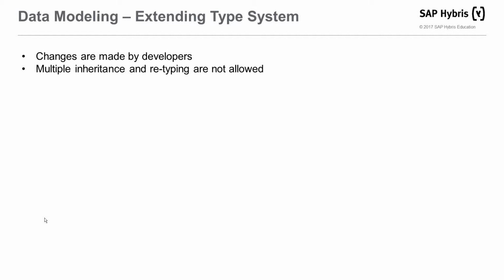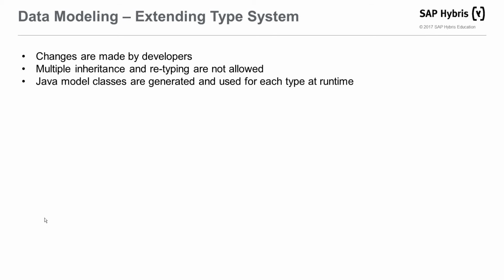Additionally, retyping is not allowed. Retyping in this case means reassigning an existing subtype to a new parent type. Thirdly, for each type in the type system, a Java model class definition is generated during compilation and instantiated at runtime. When adapting Commerce's type system to fit your business needs, there are two basic approaches.